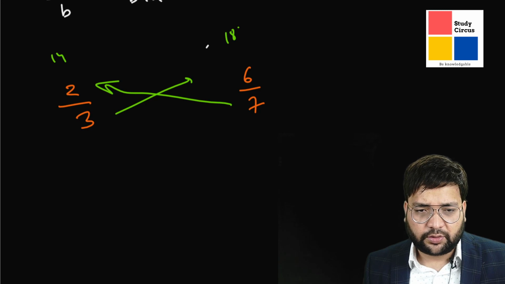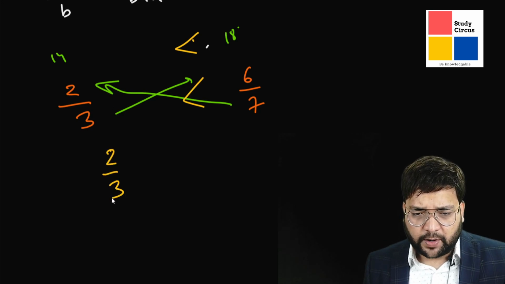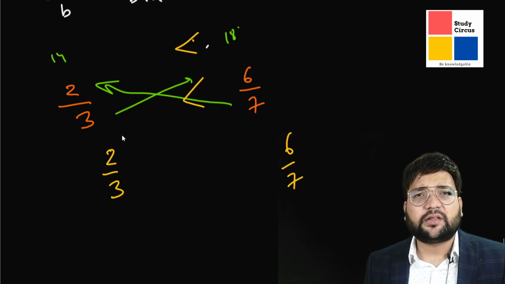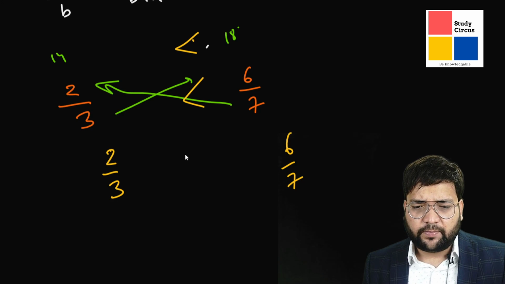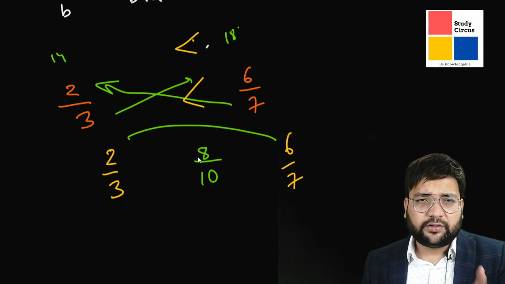So this one is more, right? So 2 by 3 and 6 by 7. One number in between is 6 plus 2 is 8 upon 7 plus 3, 10. That is a number in between 2 by 3 and 6 by 7.